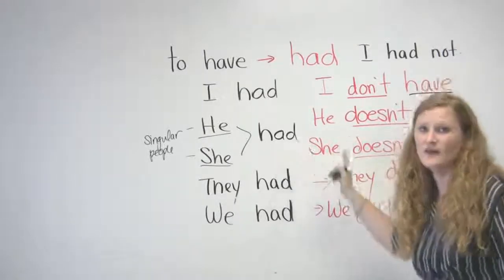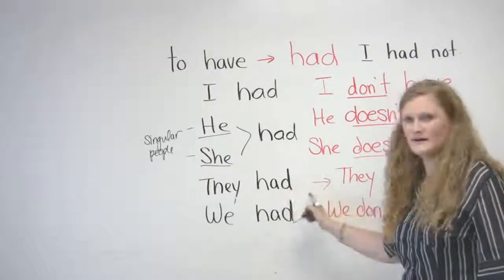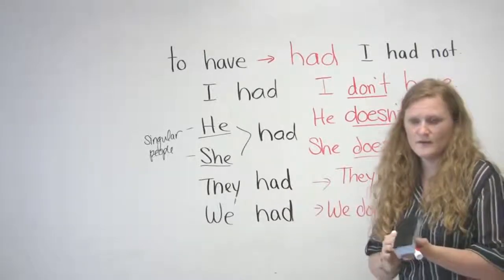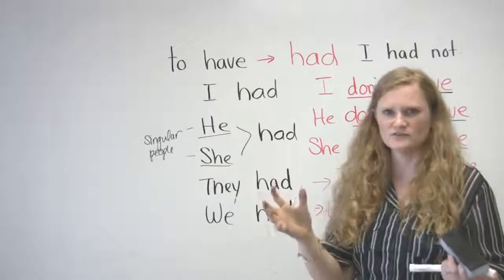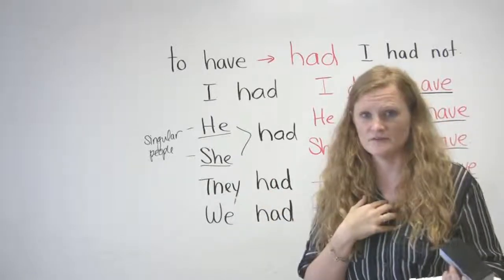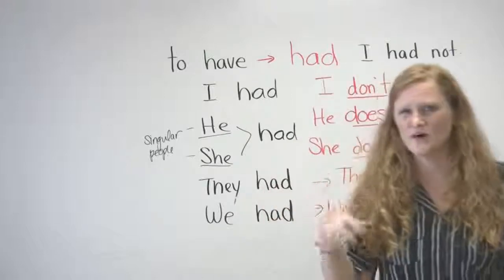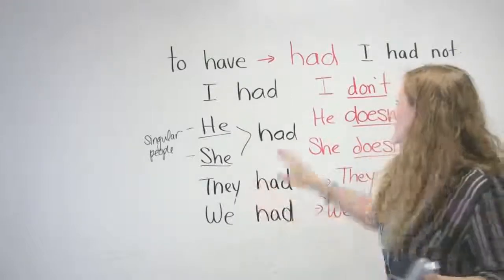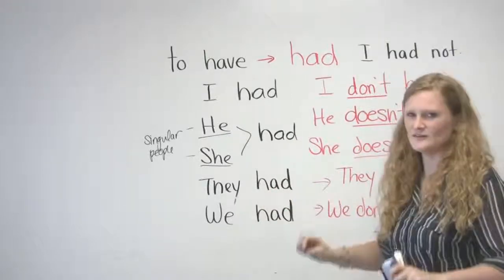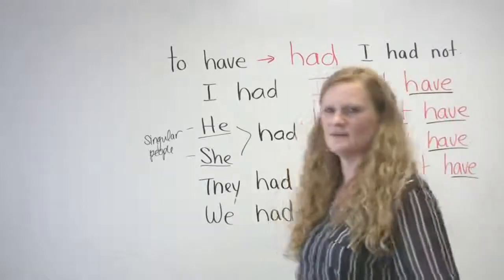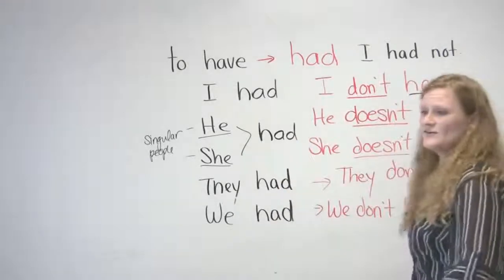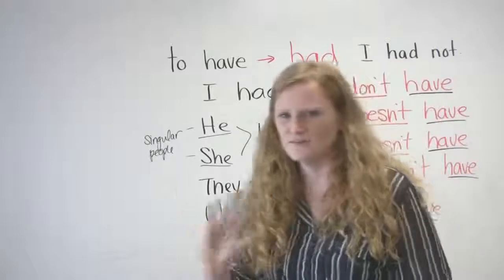She had not. They had not. We had not. But this is very unnatural for us being people from Canada and people from America, and modern day English. We just don't use I had not. It's very Shakespearean. If you're into Shakespeare, you know this. I had not eaten that, which is kind of weird.